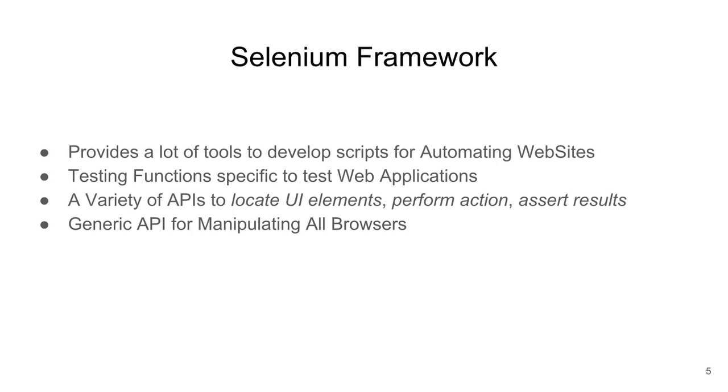We are interacting with the browser and the software, so we need an interface, and we need certain toolkits, which are given by Selenium. So Selenium provides a lot of tools to develop scripts for automating our websites, specific to testing web applications.